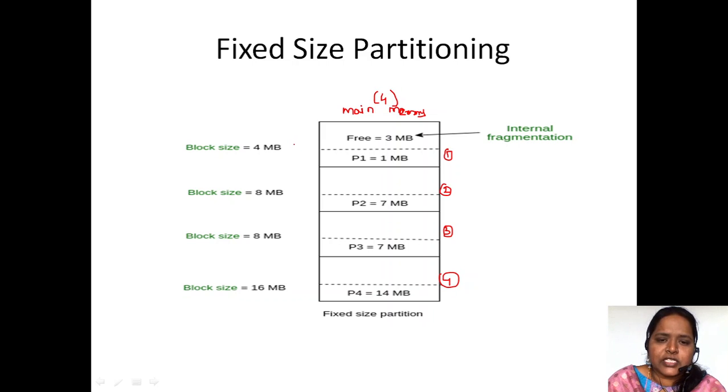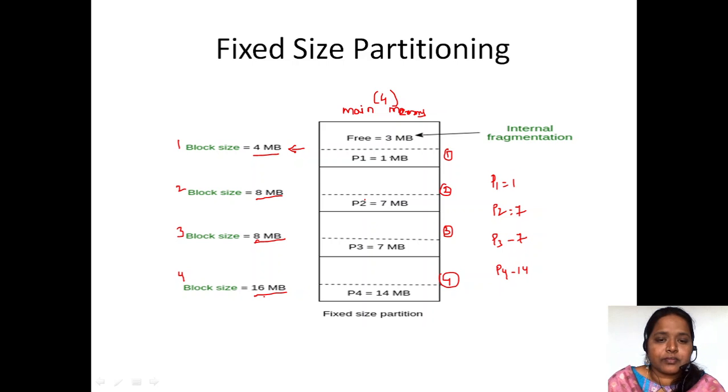The first block size is 4 MB, the second block size is 8 MB, the third block size is 8 MB and the fourth block size is 16 MB. Here we have 4 processes, P1, P2, P3 and P4. P1 needs 1 MB, P2 needs 7 MB, P3 needs 7 MB and P4 needs 14 MB.